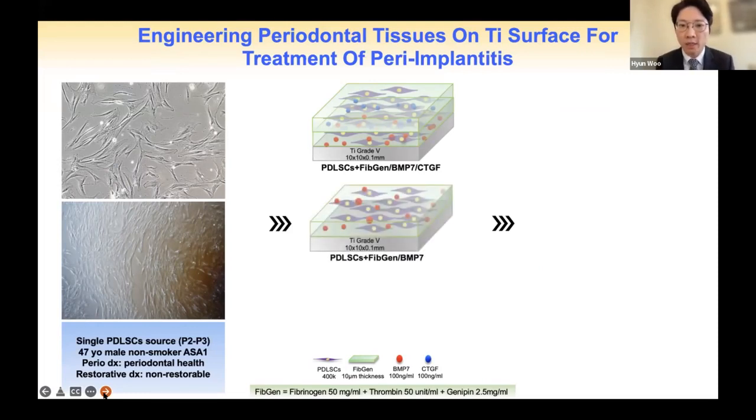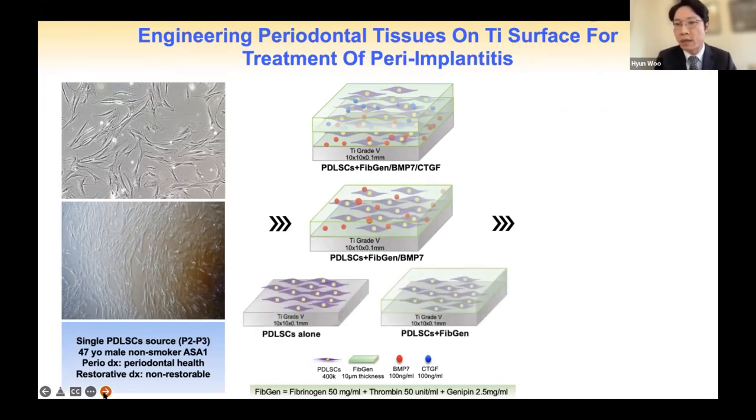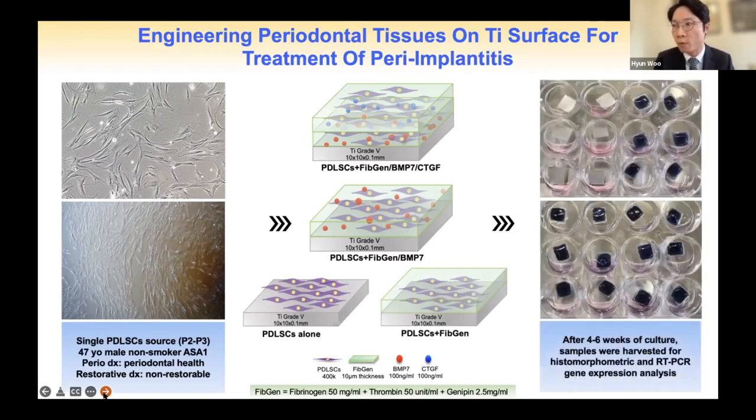To target cementum, PDL-SC plus fibrinogen-apine with BMP7 was loaded. PDL-SC alone and PDL-SC plus fibrinogen-apine were prepared as control groups. After 4 to 6 weeks of culture, samples were harvested for histomorphometric and gene expression analysis.